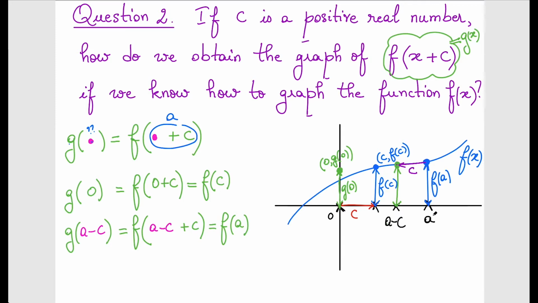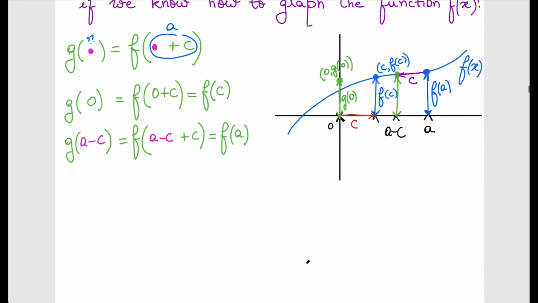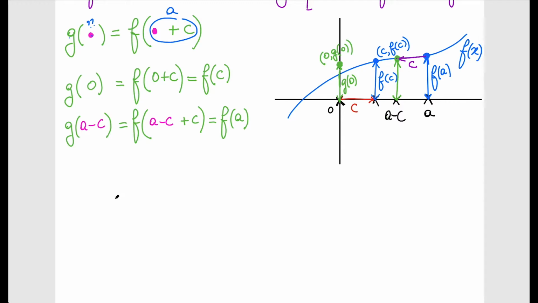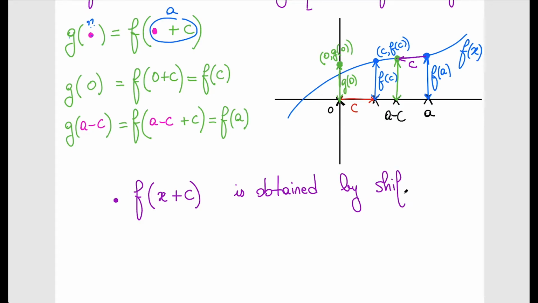Okay, so I'm going to summarize this discussion. f of x plus c is obtained by shifting the graph of f, right? This is the green graph, and the blue graph is the graph of f.